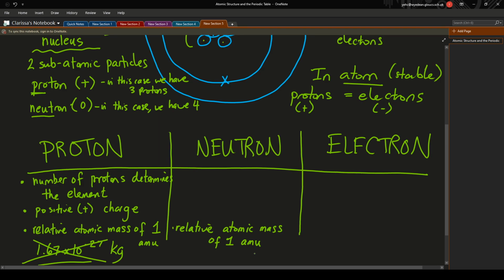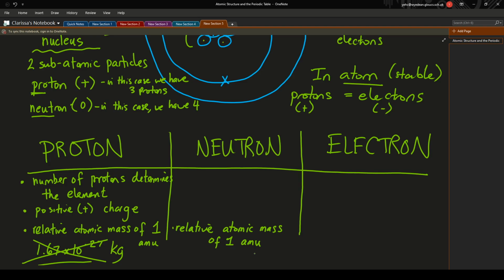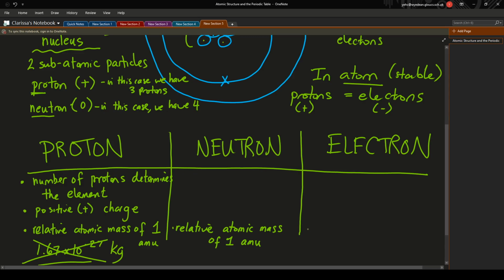And then we looked at how much electrons weigh compared to our protons and our neutrons, and we realized that it was like 1/2000th of a proton, meaning the electrons are so small that the weight is very close to 0.